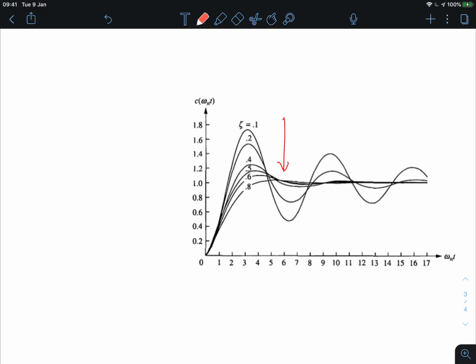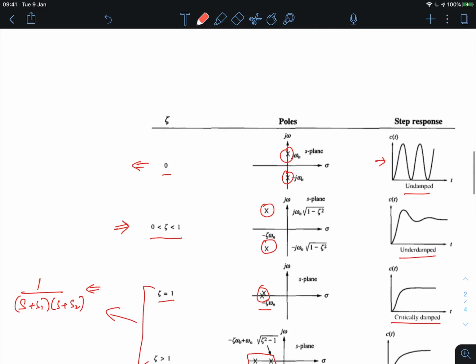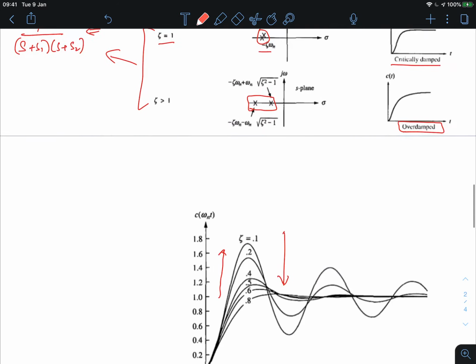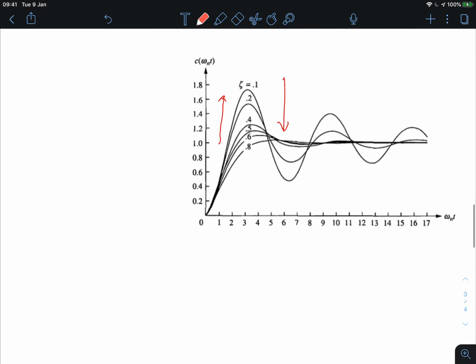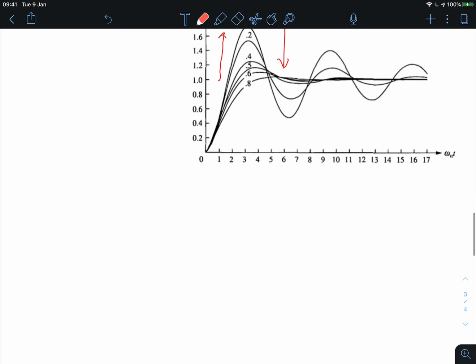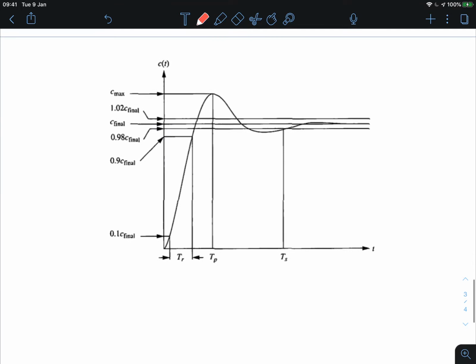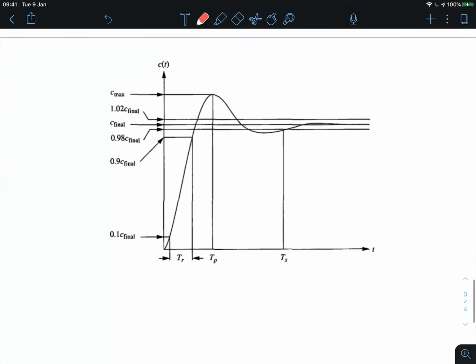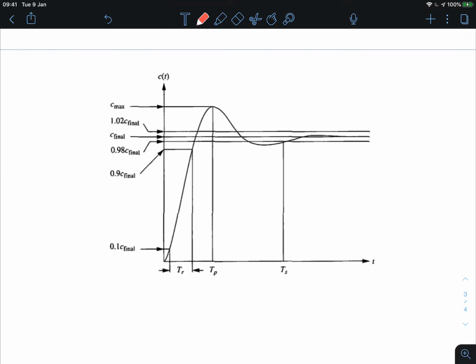Again, if the value of xi starts decreasing, we move closer towards the undamped response. So let's see what is the generic way of representing the underdamped second order response.